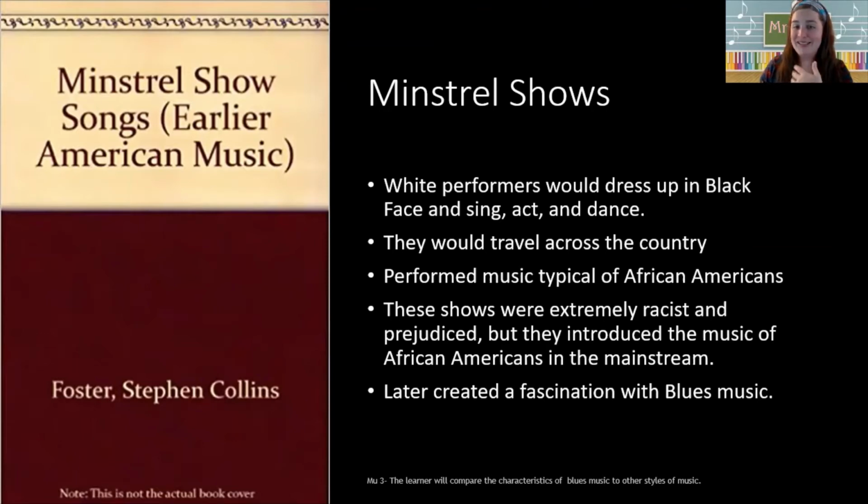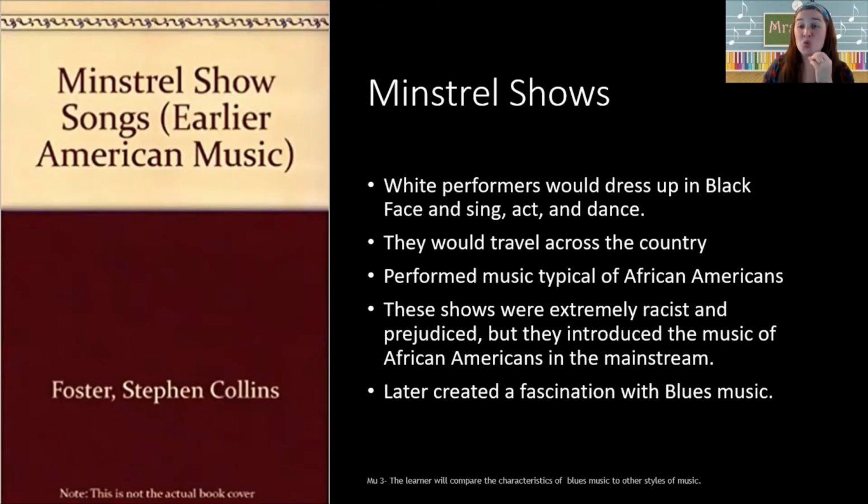And they performed all these very typical styles. Actually, I'm not going to say what they performed was typical, because it was a caricature version of the actual music that African Americans were singing. Caricature meaning it was very cartoony. It wasn't what the music was actually intended to be. It was a stage act.